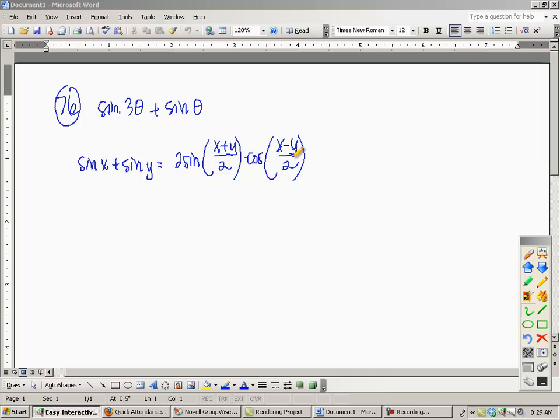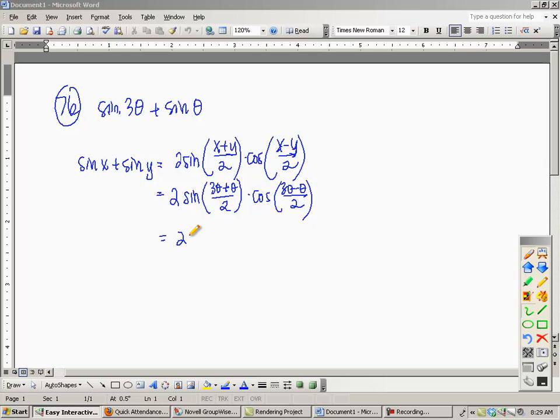Okay, so take a look. Here we go. I put in 2 times the sine. If I add my angles together, 3 theta plus theta, I'll divide that by 2. Cosine of 3 theta minus theta, all divided by 2. All right, 2 times.